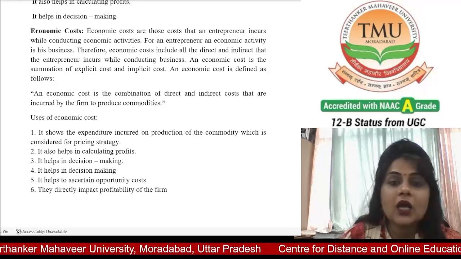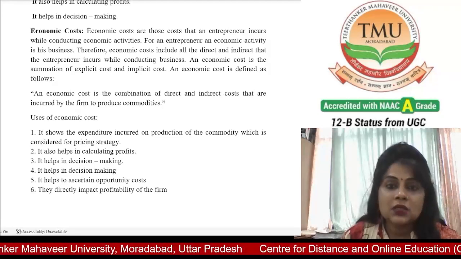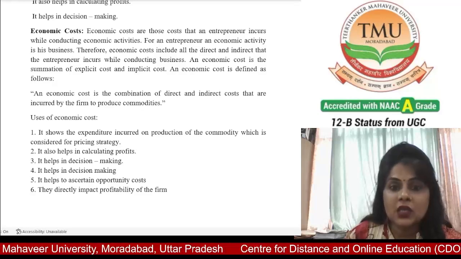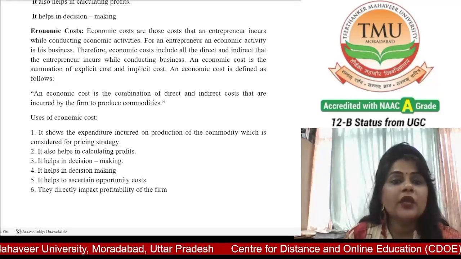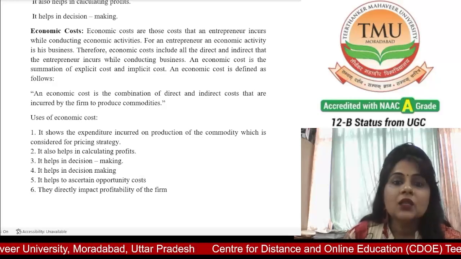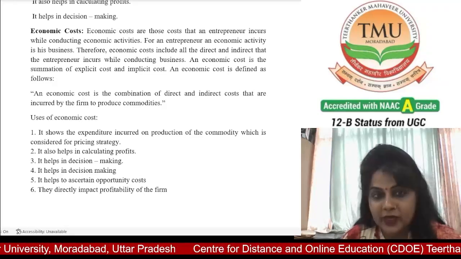For example, a company spent, suppose, 7 lakh rupees to open a new satellite office at location A. But they could have opened a satellite office at location B, where they bought the office location but leased it to another company.